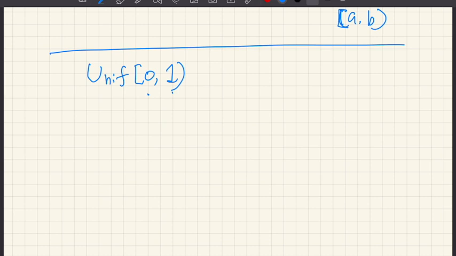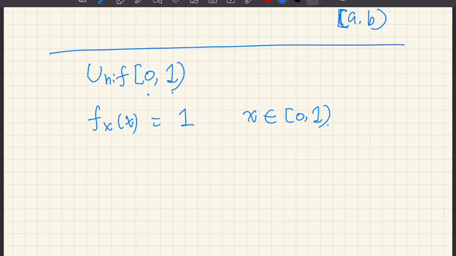In this case, the density function will be just 1, where x is between 0 and 1. This is the very basic uniform distribution, often found in computer programs. Actually, you can generate any other continuous distributions based on this uniform distribution.